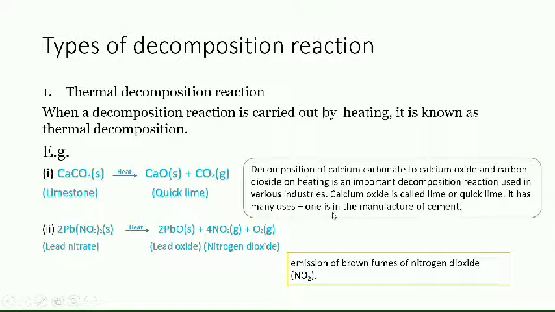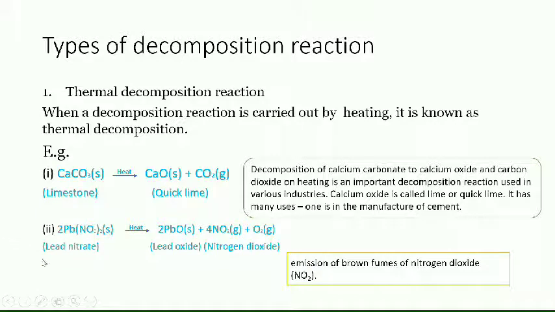So decomposition of calcium carbonate to calcium oxide and carbon dioxide is an important decomposition reaction, as it is used for various industrial purposes. First, calcium oxide, which is also called quicklime, is used in the manufacturing of cement.